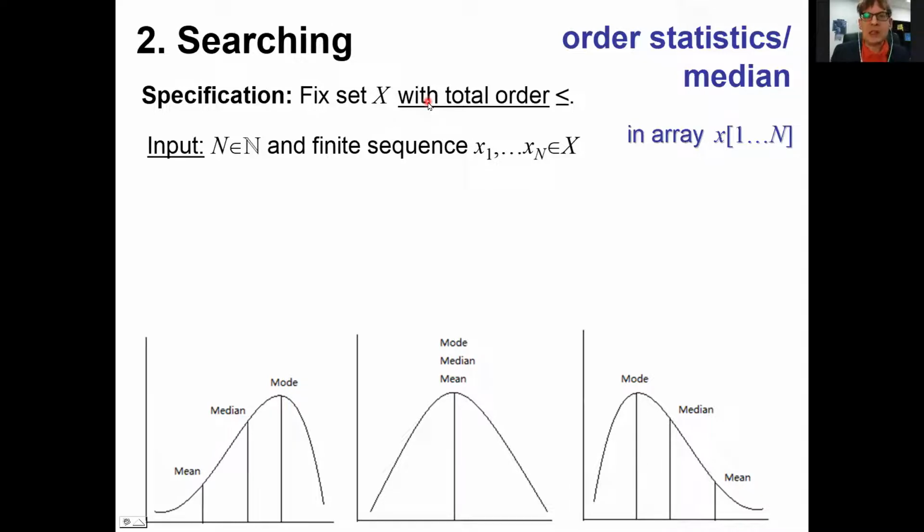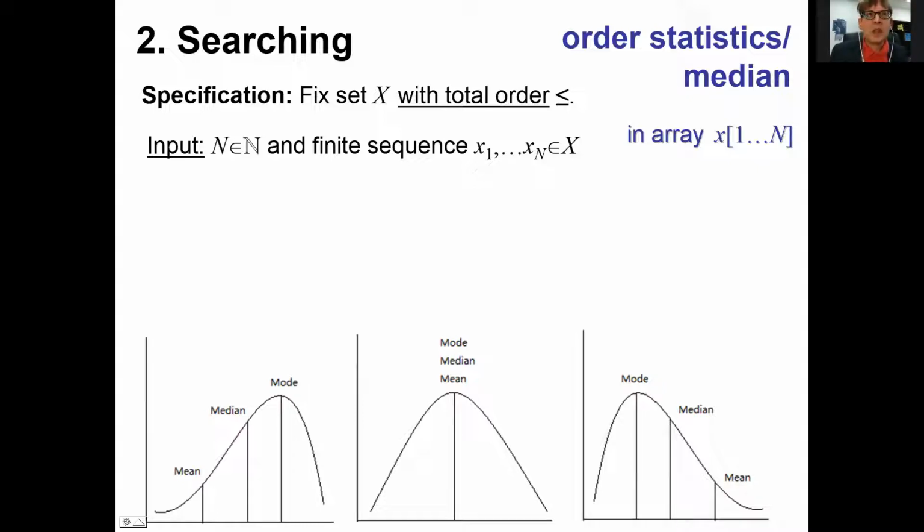So there's an easy, straightforward algorithm for calculating the mean in linear time, and linear time is optimal because any algorithm calculating the mean must, of course, at least look at every element. So calculating the mean is not a challenging problem from the perspective of algorithm design.